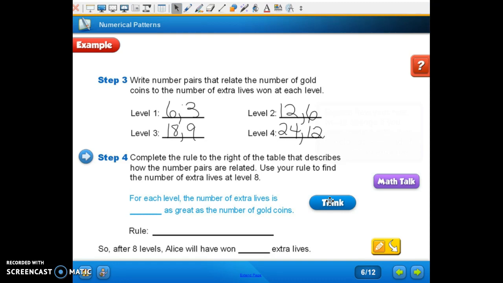So for each level, the number of extra lives is 1/2 as great as the number of gold coins, right? 3 is 1/2 of 6. 9 is 1/2 of 18. 6 is 1/2 of 12. And 12 is 1/2 of 24. So our rule will be multiply by 1/2 or divide by 2.